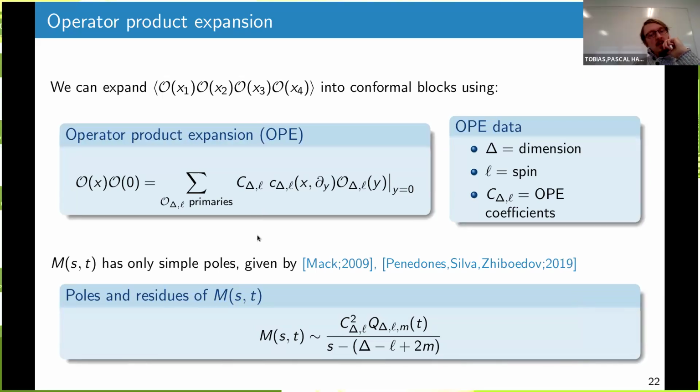It has to do with the Borel transform and this sum over m here. So small m is a non-negative integer, so it gives a pole for each descendant of a conformal family. And if you do this sum and do the Borel transform, the AdS amplitude will have cuts.